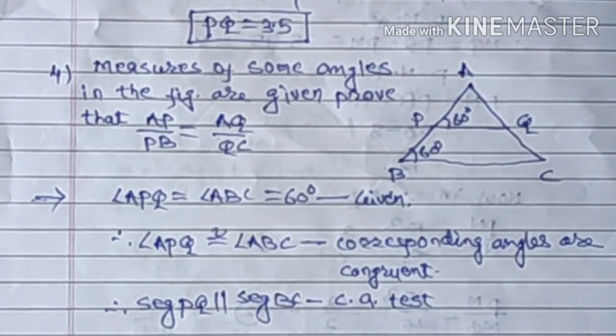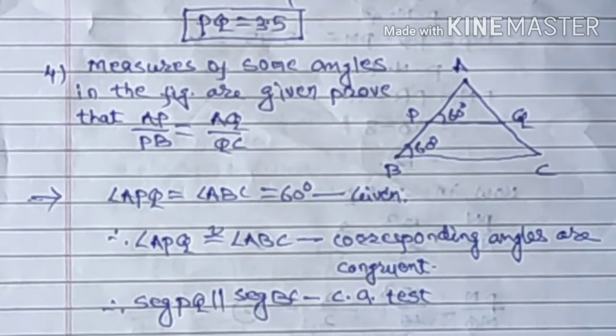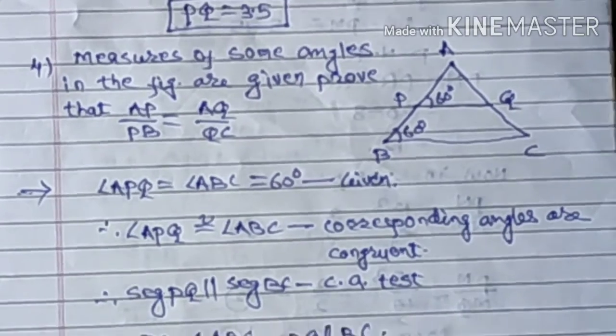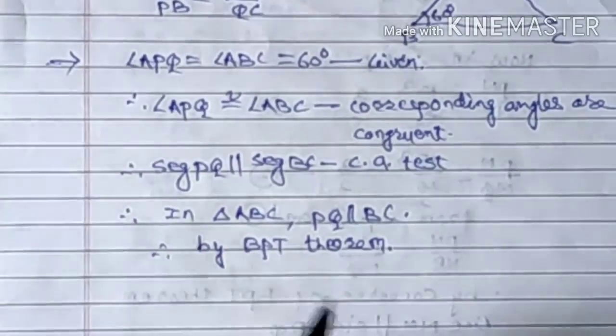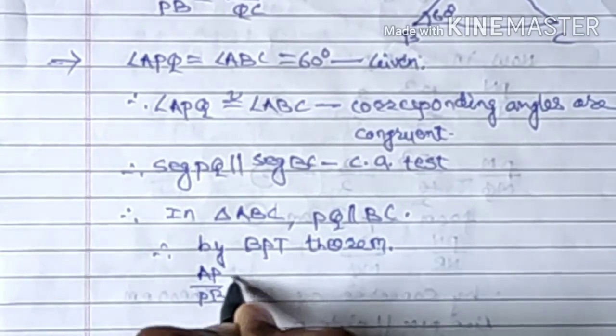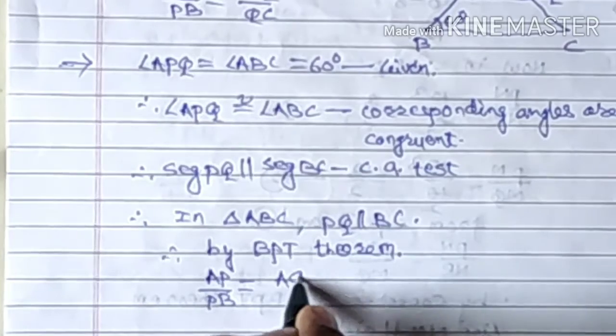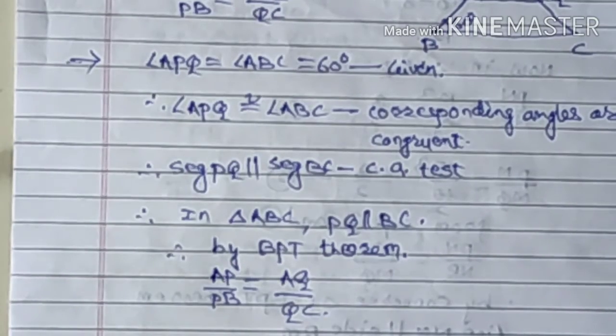Therefore, by basic proportionality theorem, BPT theorem, we have AP divided by PB is equal to AQ divided by QC. Hence, we proved it.